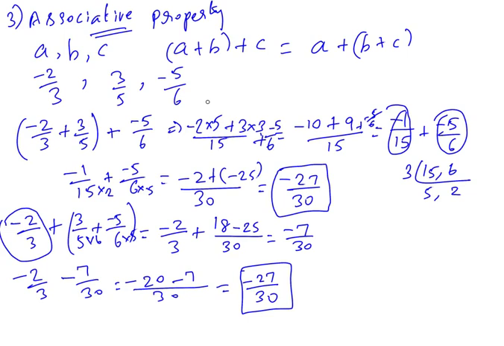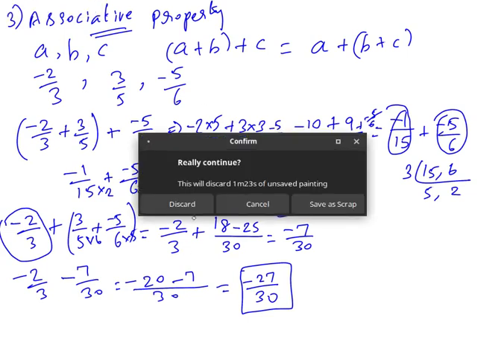Next we will see about additive identity. What is the identity for rational numbers under addition? Identity means if we take any number, if we add something, we should get that same number.